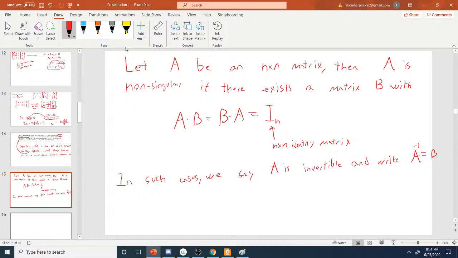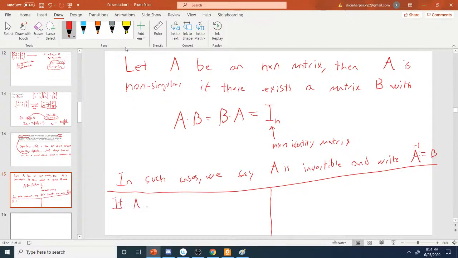So one of the important things about a matrix being non-singular is that if A is non-singular, then the determinant of A is not equal to 0. In fact, if the determinant of A is not equal to 0, then the matrix is non-singular. So the determinant non-vanishing is equivalent to the existence of an inverse matrix.